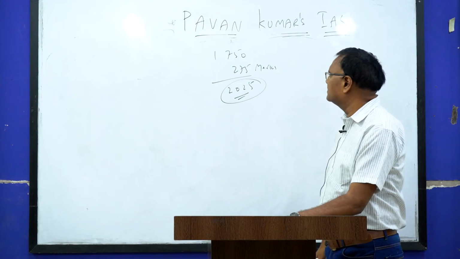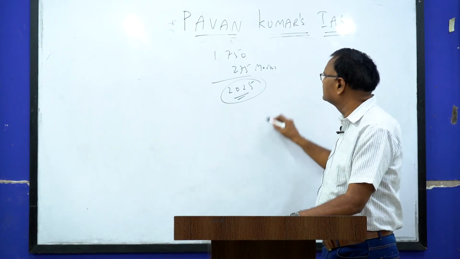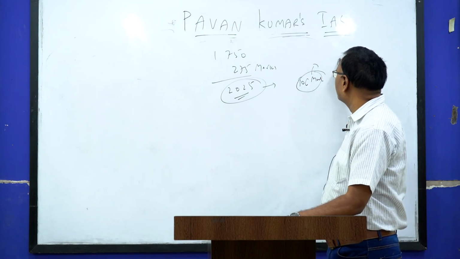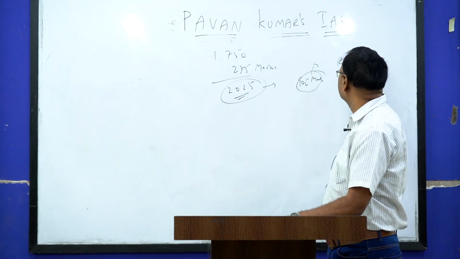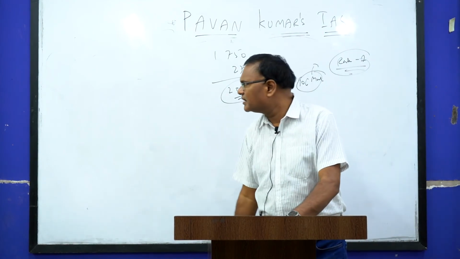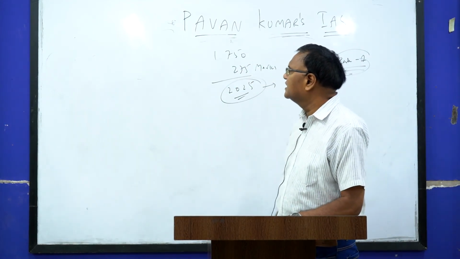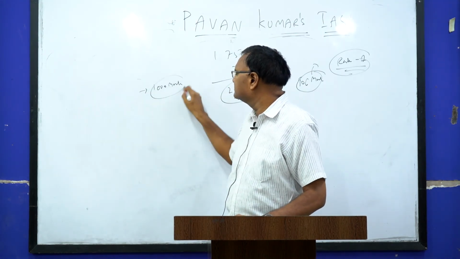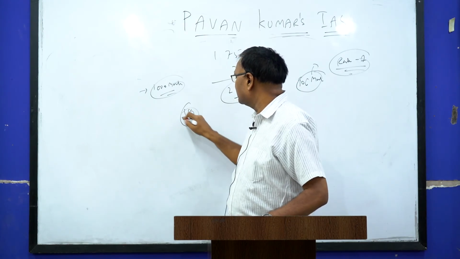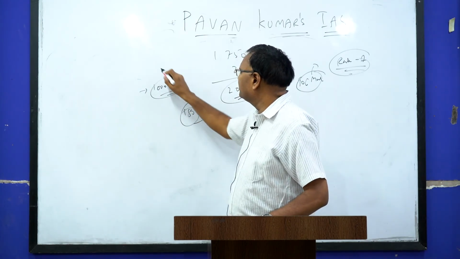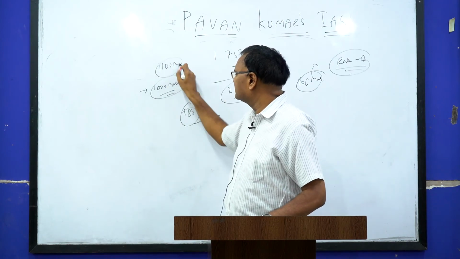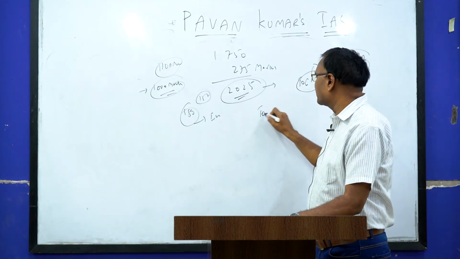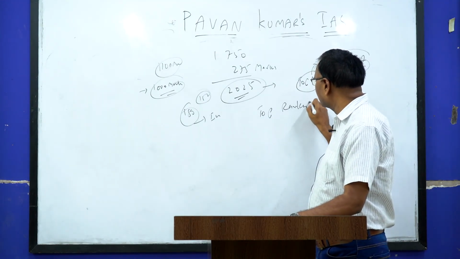And out of this 2025 marks, those who get top marks will be given the top rank. You will become rank 1 by getting top marks. And if you are getting around say 1000 marks in the main examination, around 180 marks in the interview, or if you are getting 1100 marks in the main examination and 150 marks in the interview, you will become the top ranker, number 1 ranker.